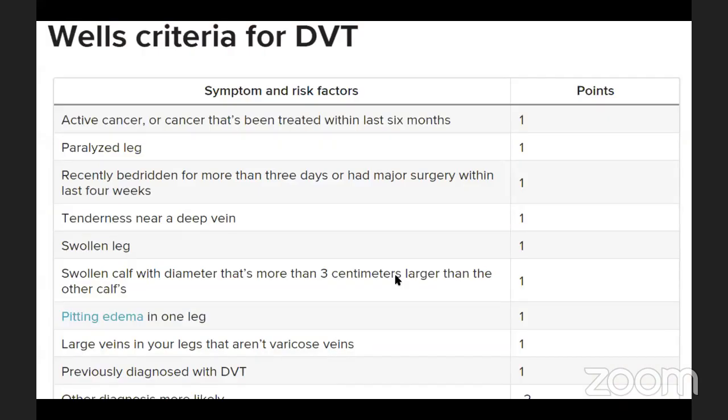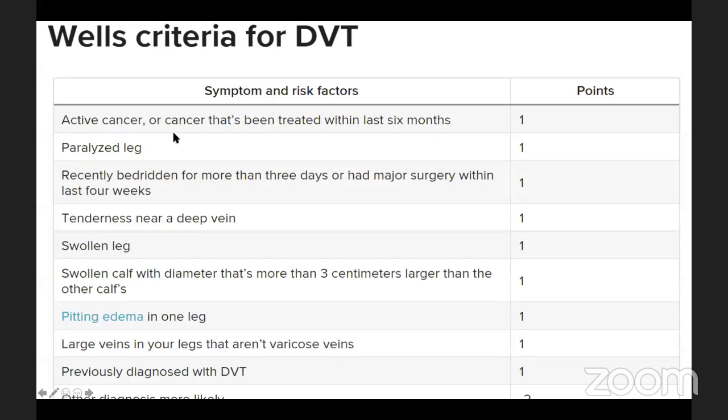We have got something called the Wells score criteria. Basically, if you have 2 or more points, then your patient is likely to be developing or having DVT. If it's less than 2 points, then your patient is likely not developing DVT.